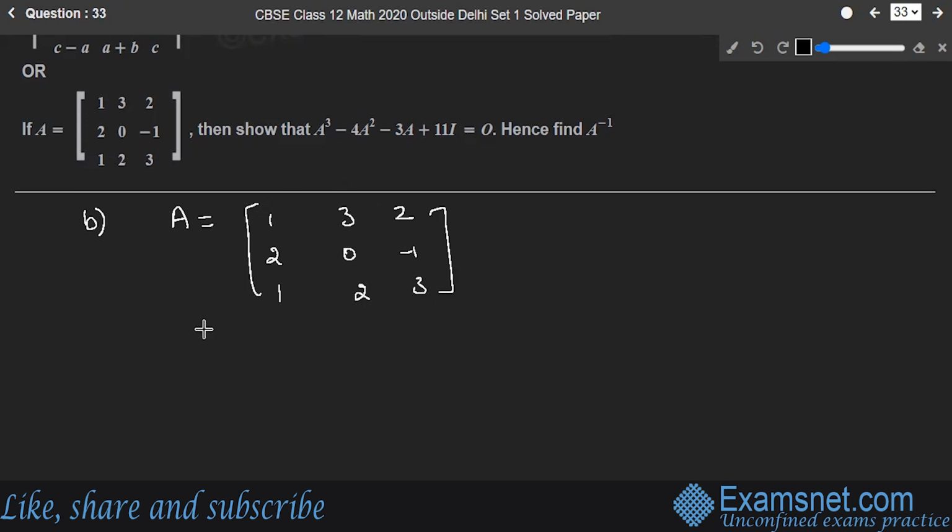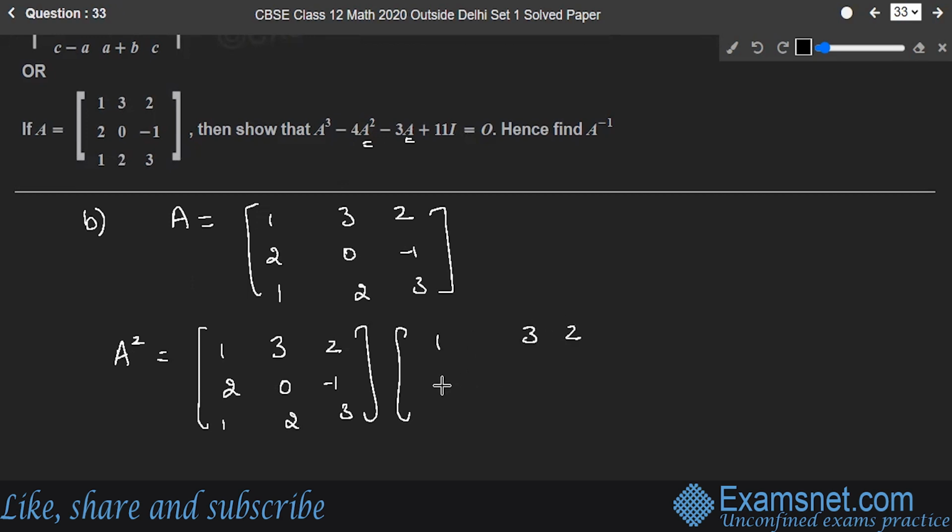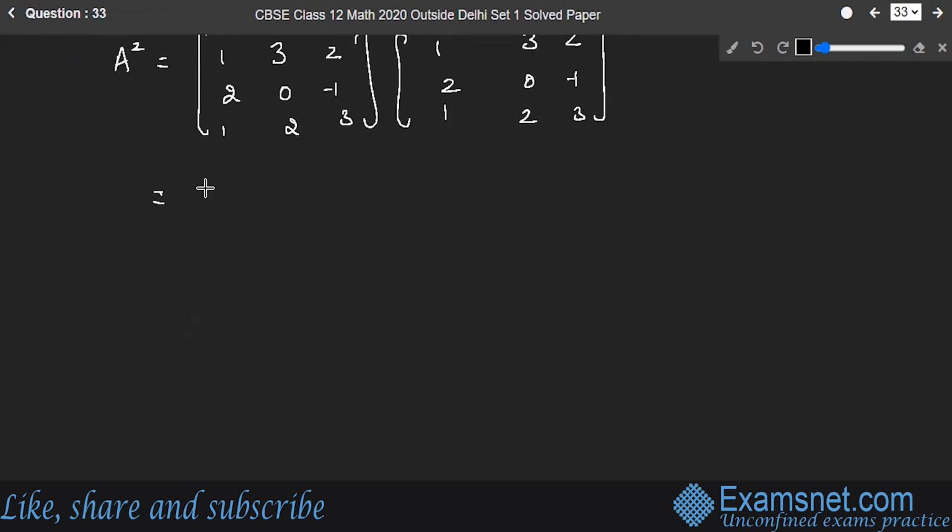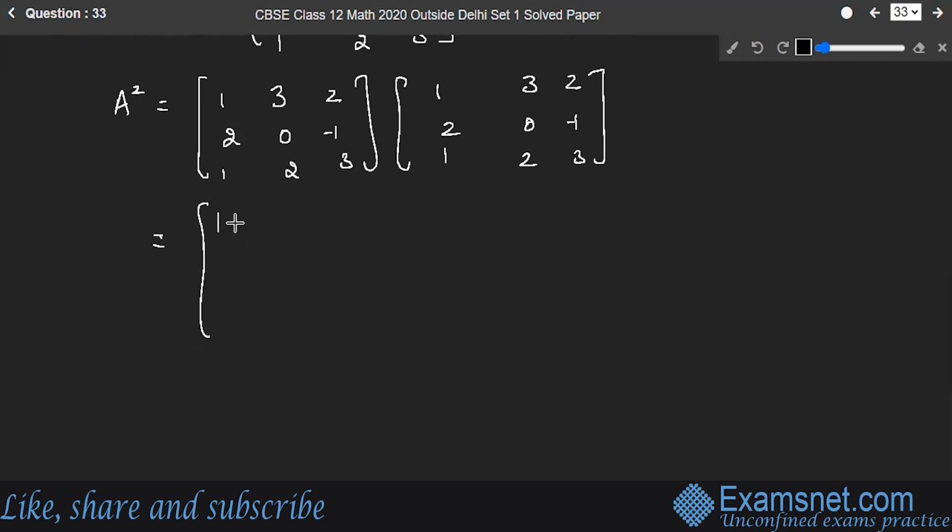Now you have to find out, first of all, I'll go with we have this A. Let's find out A square. A square will be equal to 1, 3, 2, 2, 0, minus 1, 1, 2, 3, multiplied by 1, 3, 2, 2, 0, minus 1, 1, 2, and 3. So this will be equal to first row, first column, and all those multiplications, like when you will solve that, first row, first column, 1 plus 6 plus 2, 3 plus 0 plus 4, 2 minus 3 plus 6.